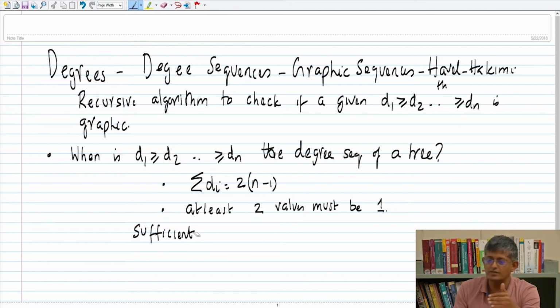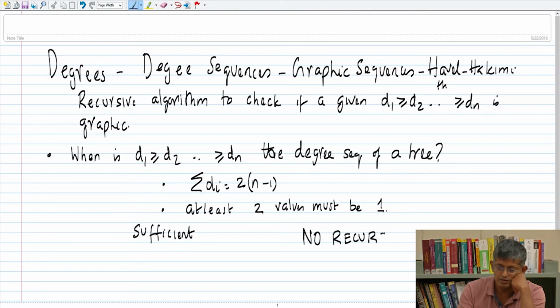In terms of efficiency or usage of the resources on your machine, if you just want a tree, then there is a significantly simpler algorithm to implement, where you don't have to implement the recursion which comes from the Havel-Hakimi theorem. So the key thing here is that there is no recursion in this implementation.